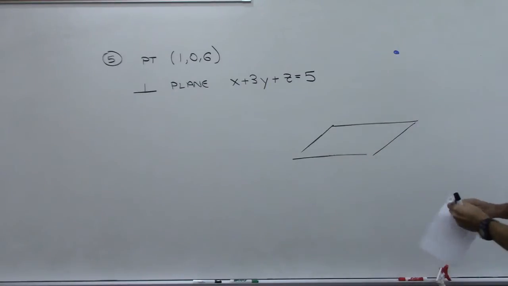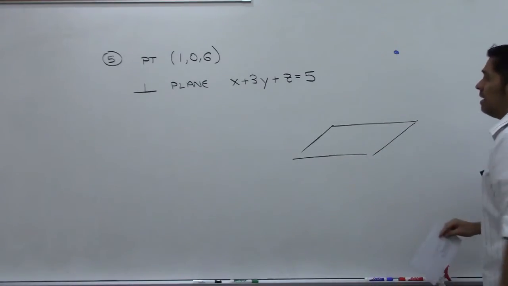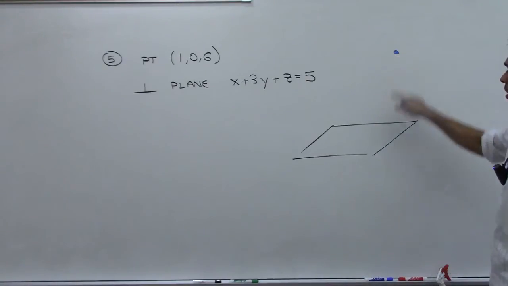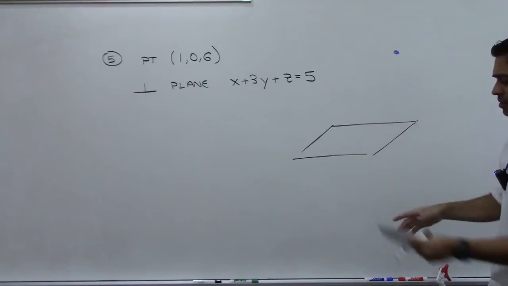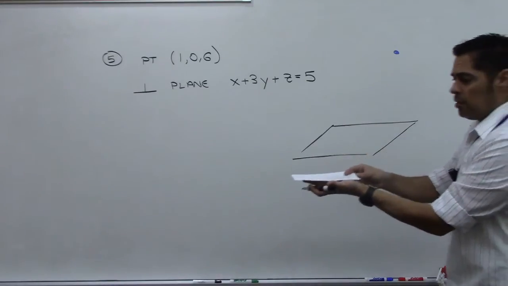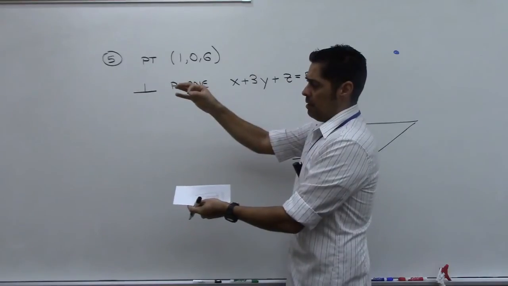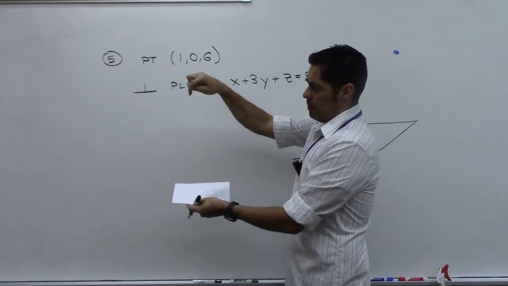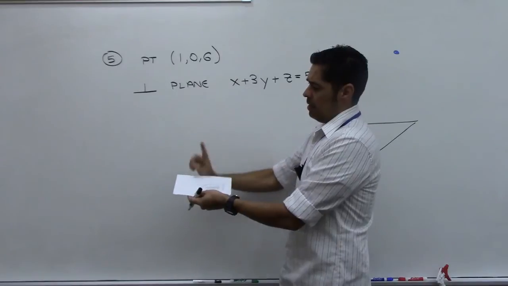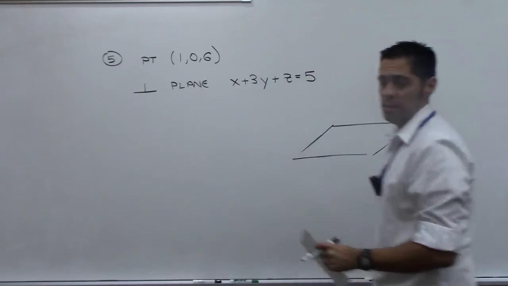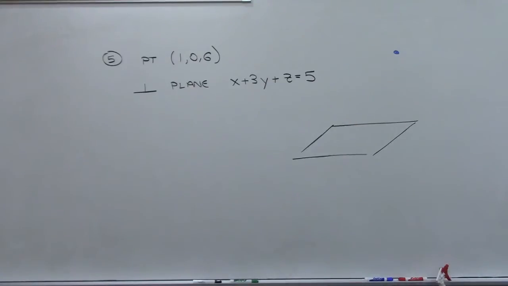What we're trying to do is find the vector equation of the line that goes through that point but is perpendicular to this plane. So imagine we have this plane sitting in space and some point sitting there. We need to imagine dropping straight down to this plane with a line that runs perpendicular to it.